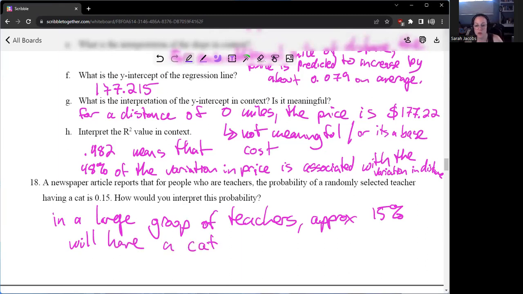What you have to be careful about is this is, again, in the long run. So if you had 100 people, this doesn't mean that exactly 15 will have a cat. If you have 10 people, it doesn't mean that 1.5 will have a cat, right? It's overall in the long run. So be really cautious about any answers that have really concrete words.